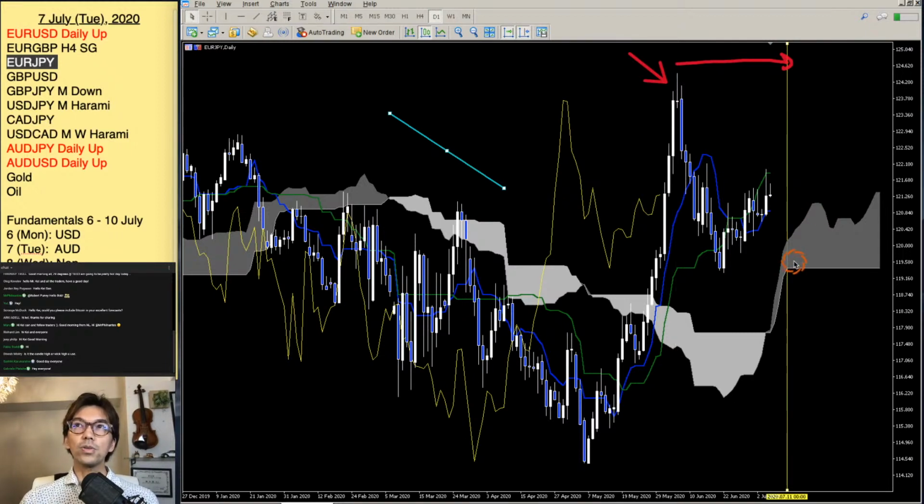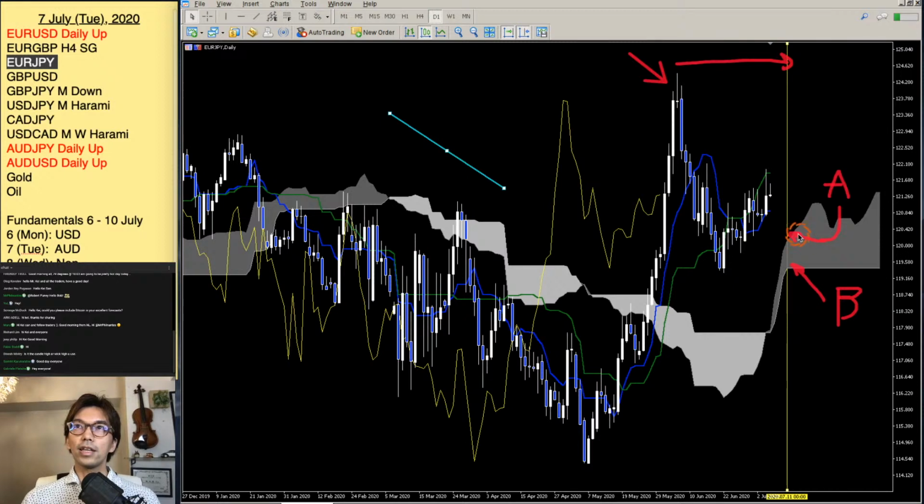So now you know the Kumo at the time when this pin bar was forming. If you put a vertical line like this, you can capture Senko span A and Senko span B. Remember, when it's an up Kumo, Senko span B is the lower part and Senko span A is the upper part.